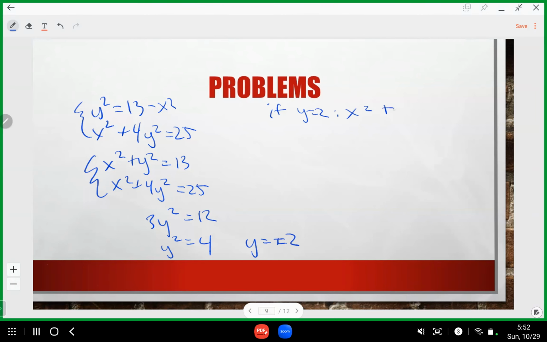So x squared plus 16 equals 25, and then x squared is 9, so x is just plus or minus 3. So we have 4 solutions, right? Yeah. Okay.